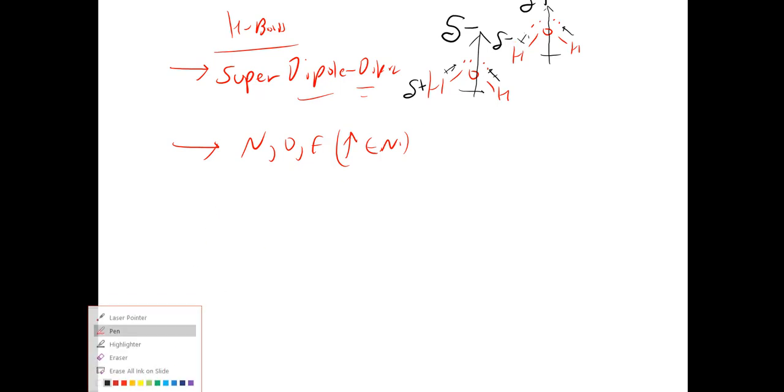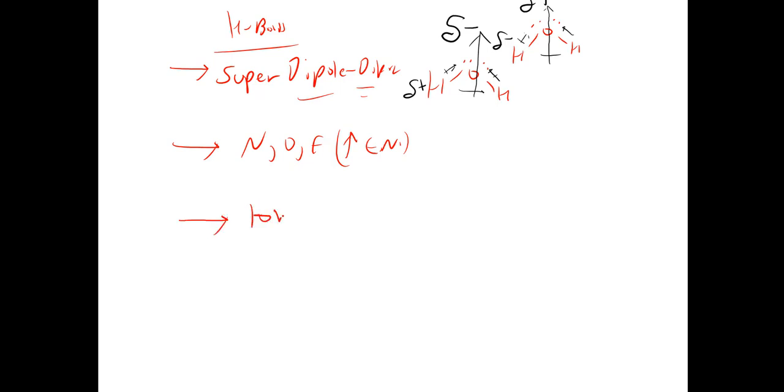Now, there are some key characteristics that all hydrogen bonding molecules have. There's always going to be a lone pair on a nitrogen, oxygen, or fluorine for one of the molecules.